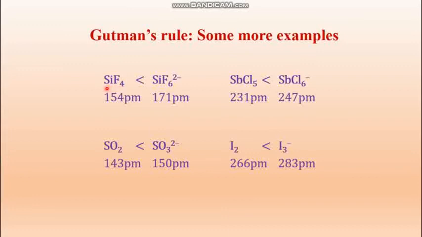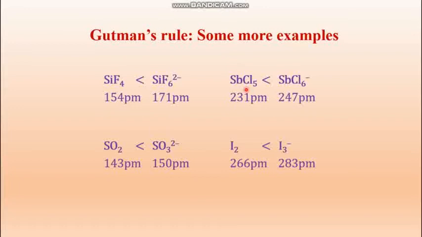This results in lengthening of the silicon-fluorine bond length. That is why the Si-F bond length in SiF4 is less than that in the SiF6 2- ion. This is 154 picometer and this is 171 picometer, which is substantially higher than the previous one.